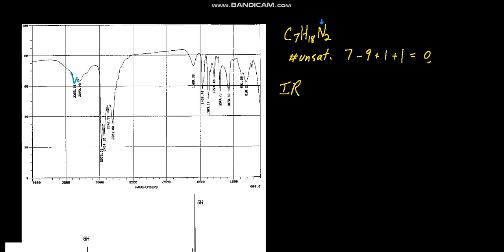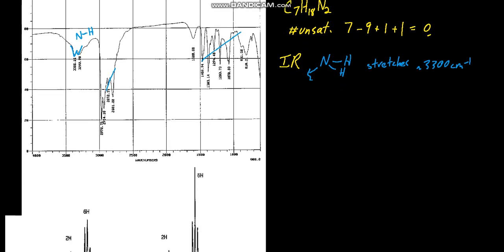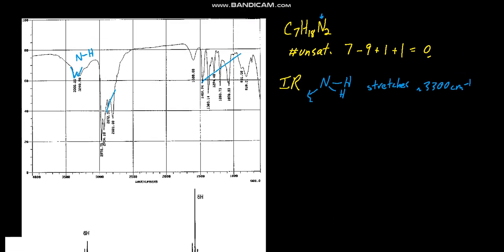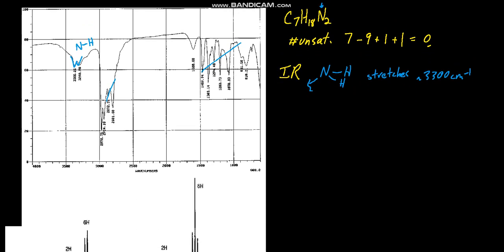So the little rabbit-ear guys here are NH stretches, NH2 probably, around, that's hard to read, I'll just say 3,300 reciprocal centimeters. And that's about it. We don't have to worry about any of that. So NH, and we have nitrogens. We just don't know, since there's two nitrogens, how that's set up exactly yet.